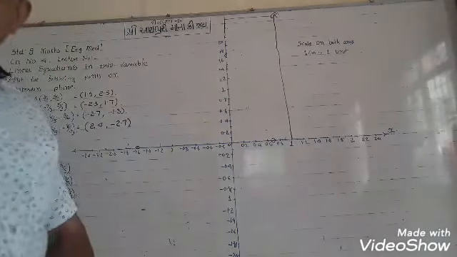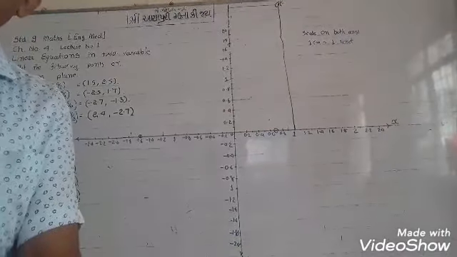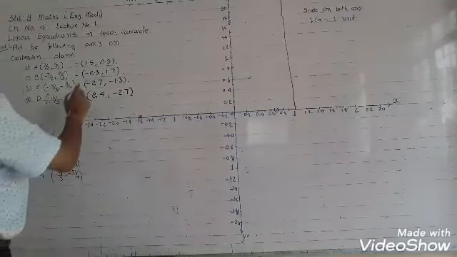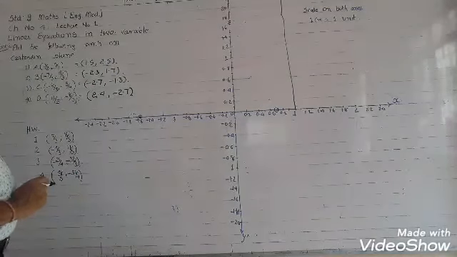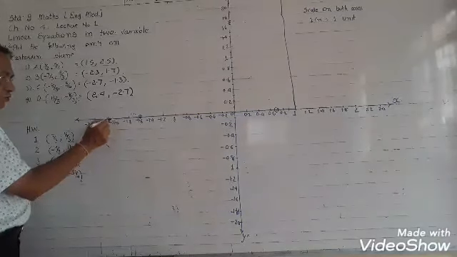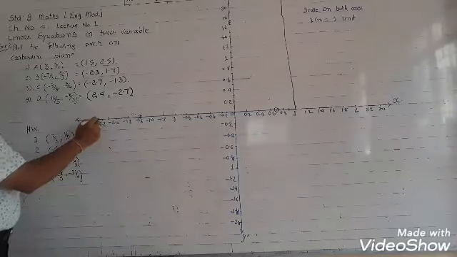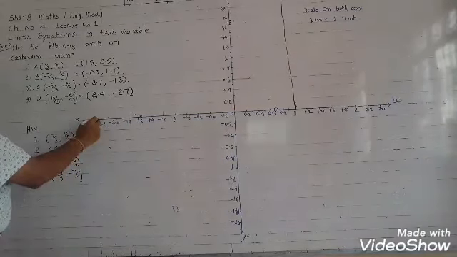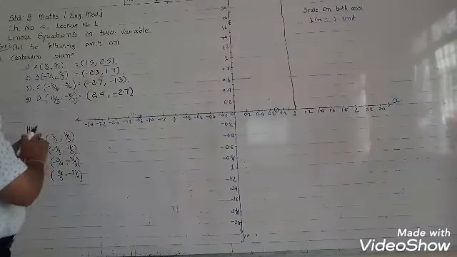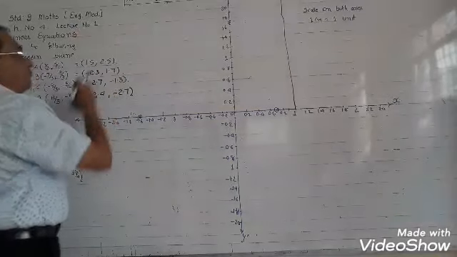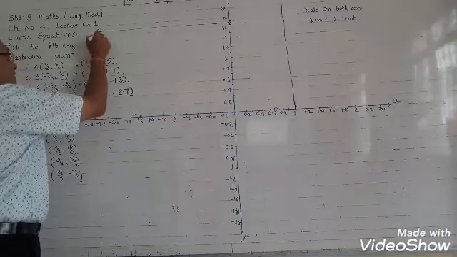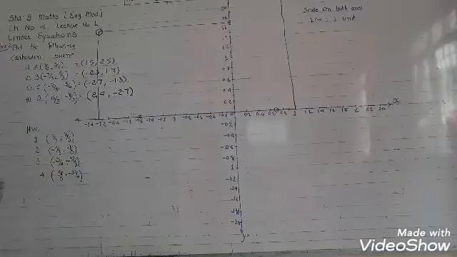Okay, now I will adjust it. Minus 2.3: where is minus 2.3? That is 2.3. And 1.7: where is 1.7? 1.7 is here and 2.7 is here. Got it? Okay.